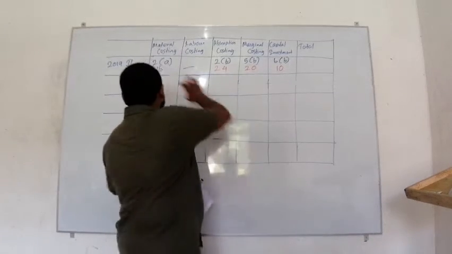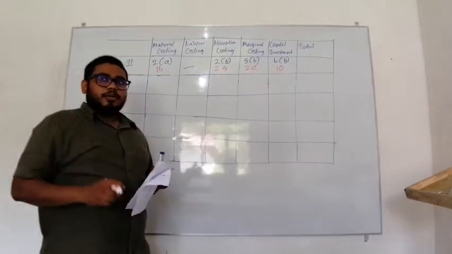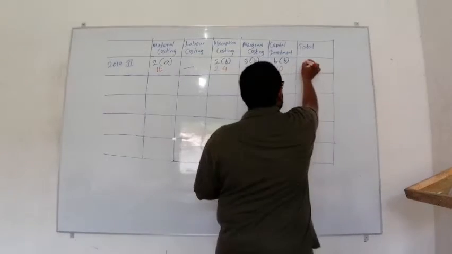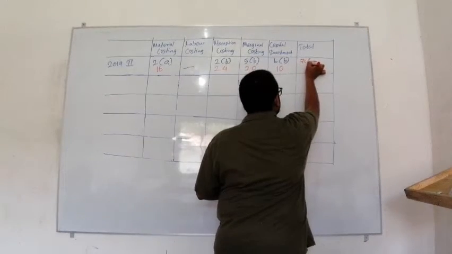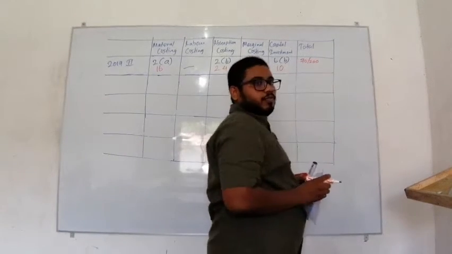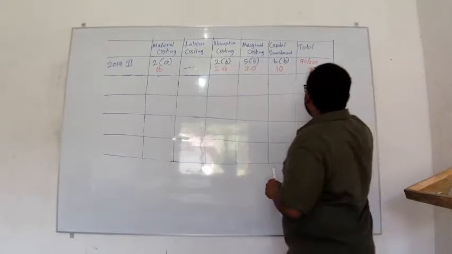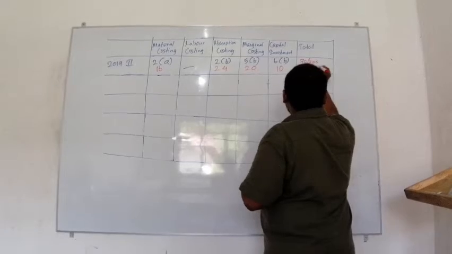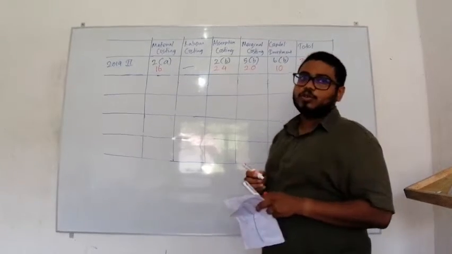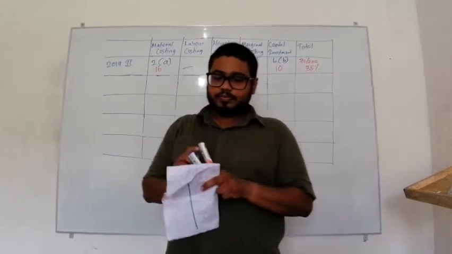And in the 2019 paper, it covers 70 marks out of 200 from the management accounting part, which is almost 35% of the total paper marks.